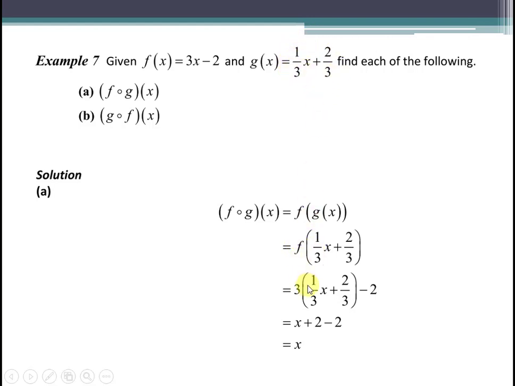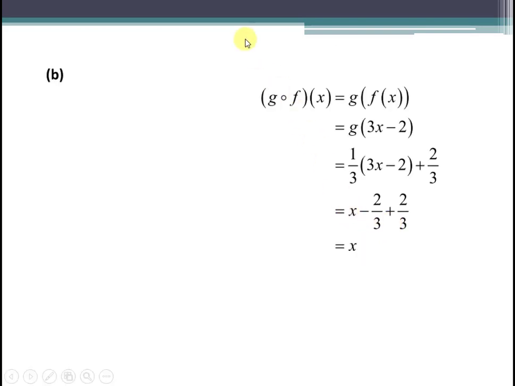So 3 multiplied by (1 over 3 x plus 2 over 3) minus 2. If we open the brackets, we have the following answer: x plus 2 minus 2. So it's equal to x. This is f of g of x. Now, next one, g of f of x.